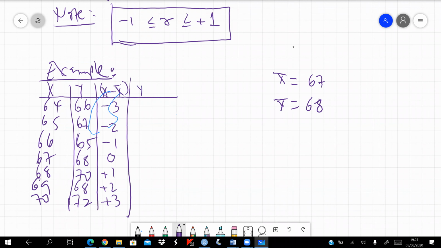And I also need y minus y bar. So this will be how much? Minus 2, minus 1, minus 3, 0, plus 2, then 0.